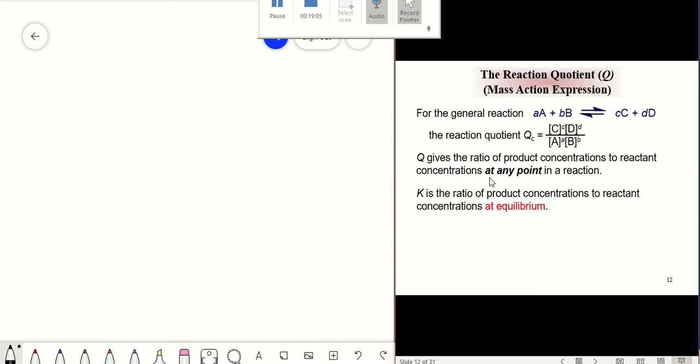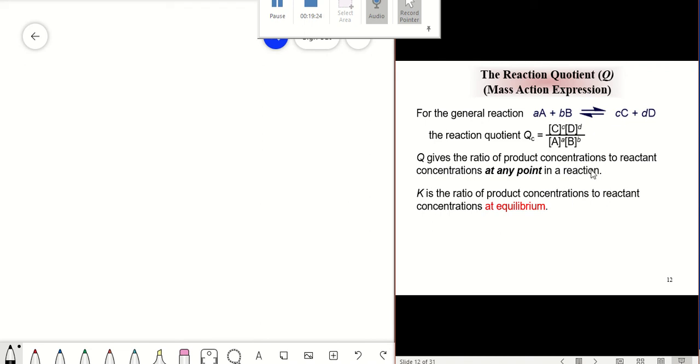So that is a major difference. Q is essentially the concentrations of products and reactants at any given time point, but for the equilibrium constant, it's the same expression, with the only difference being that you use concentrations at equilibrium.